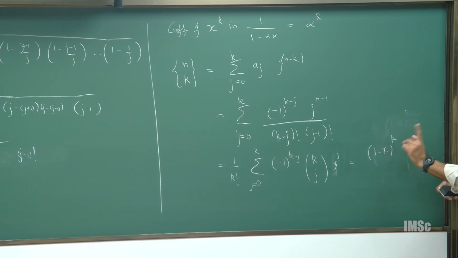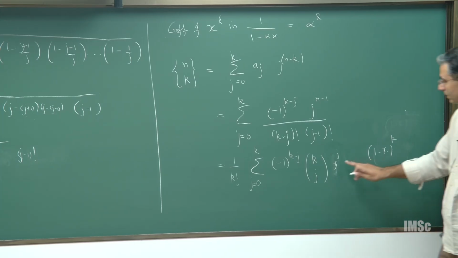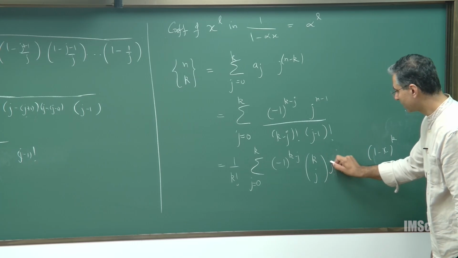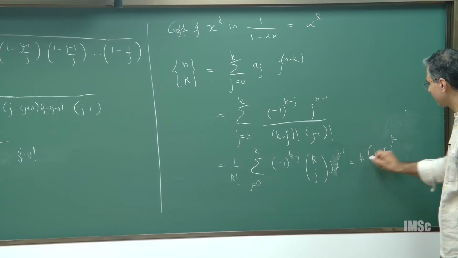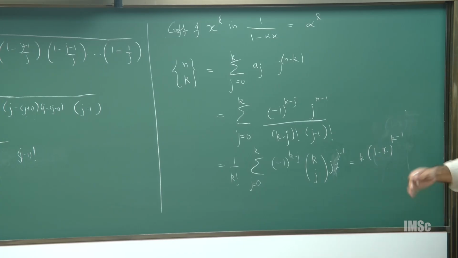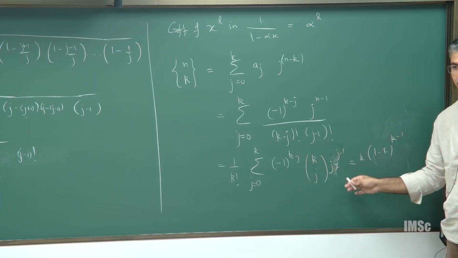Now, if you differentiate it once, what will happen? You will get j x raised to j minus 1. This will be k times 1 minus x raised to k minus 1, up to some sign. Again substitute x is equal to 1, you will still get 0. This side is 0, so this sum is also 0.